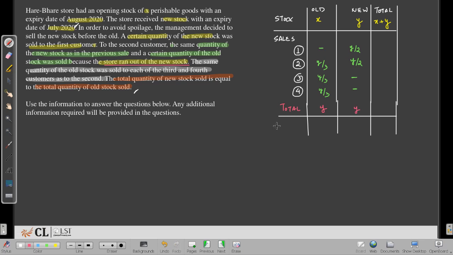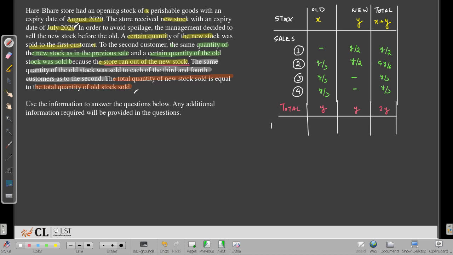We can also look at what each customer got. The first customer total is y by 2. The second customer total is y by 3 plus y by 2, which is equal to 5y by 6. The third customer got y by 3. The fourth customer got y by 3. This may or may not be useful, but I'm just capturing that information. The total number of sales is 2 times y.